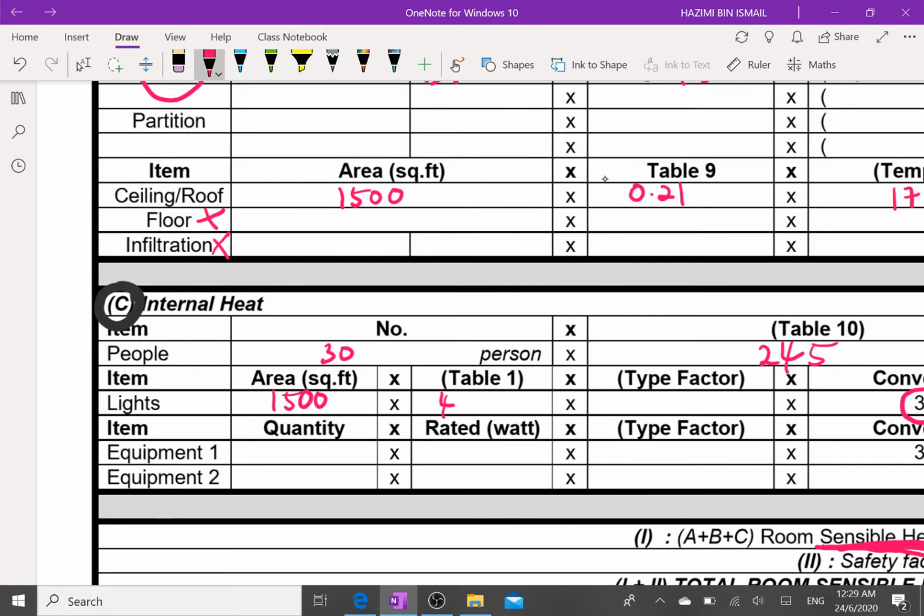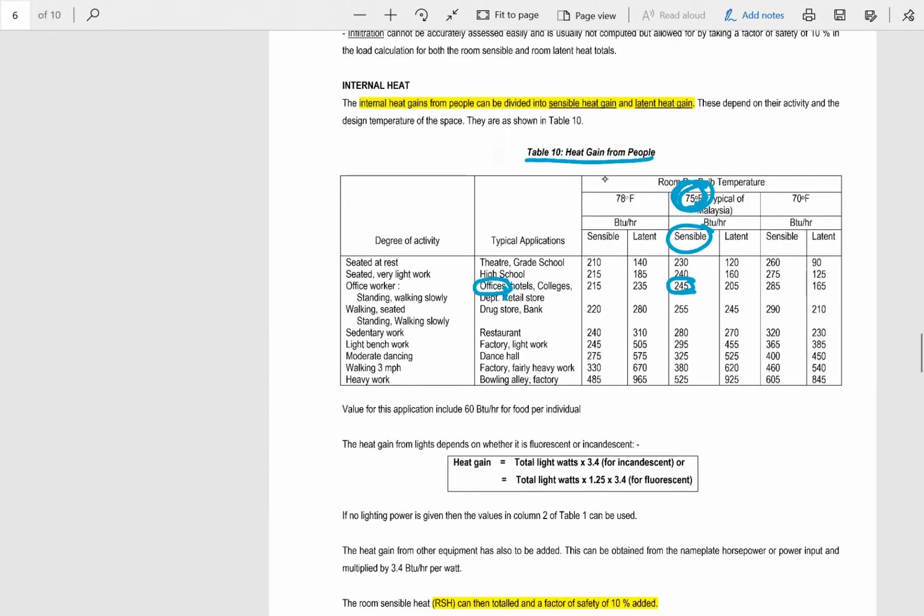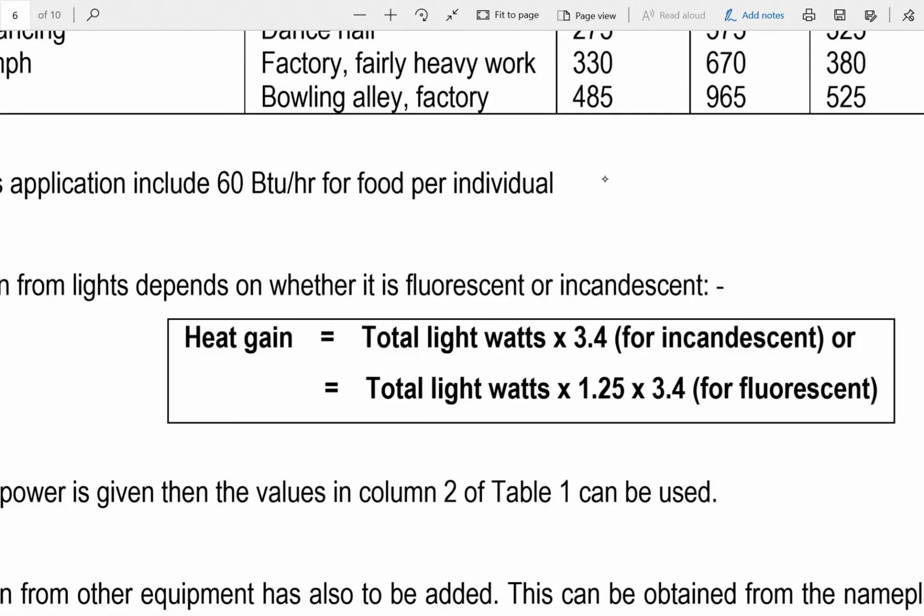For the type factor, you have to refer to the reference table. If the light or bulb is incandescent, you don't have to put in the type factor value.